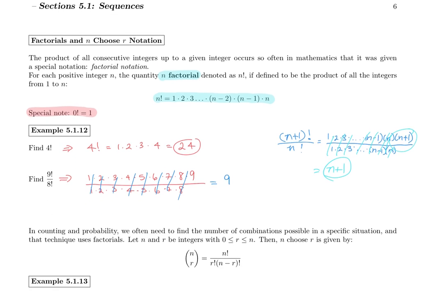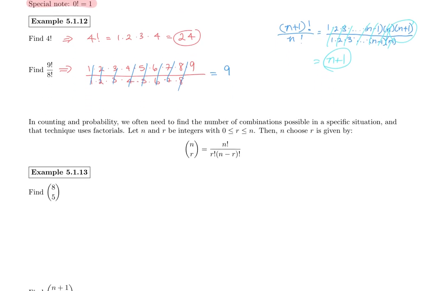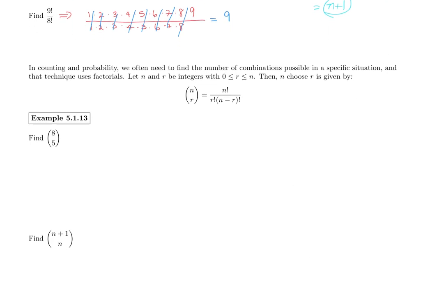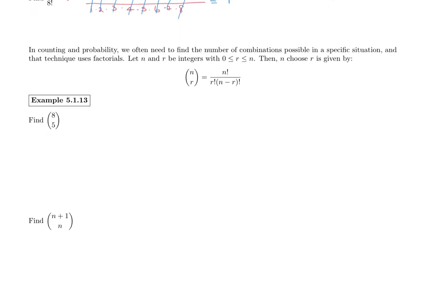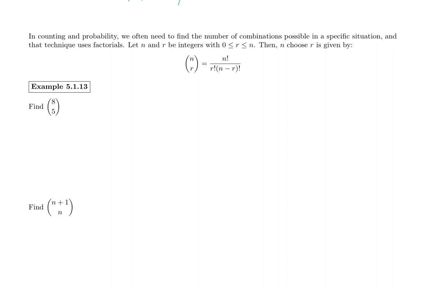So the last topic of interest here with counting and probability applications is this concept of n choose r. Sometimes you need to find the number of combinations possible given a specific situation. And needing to know that number of combinations involves factorials, which is why we looked at factorials above.